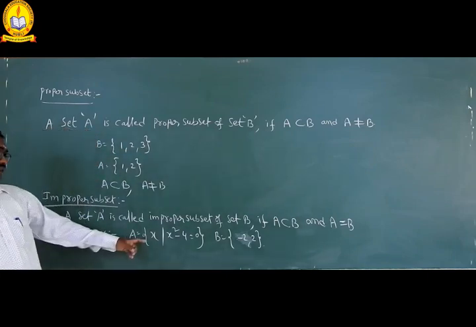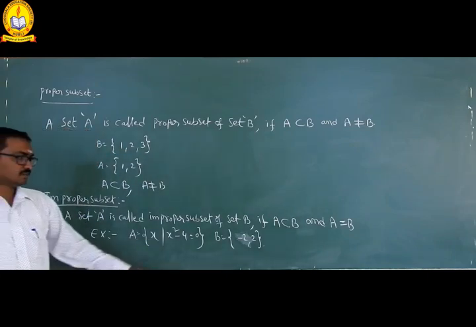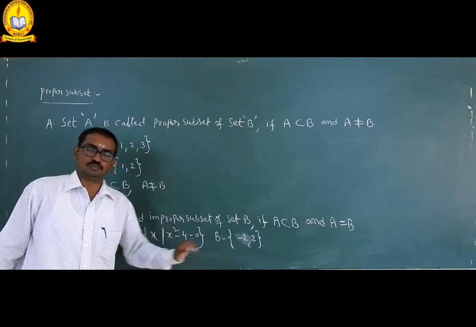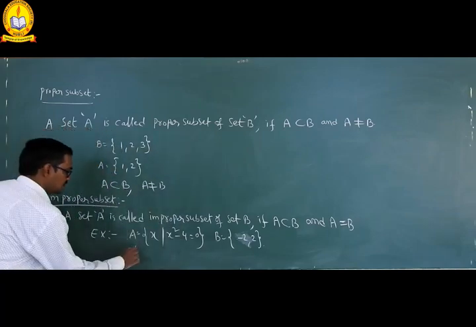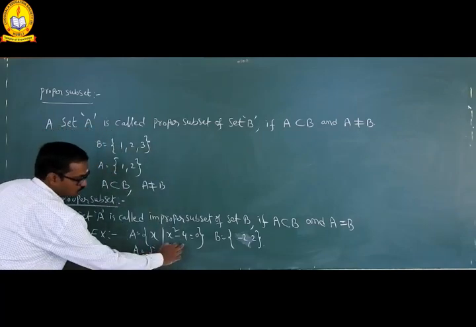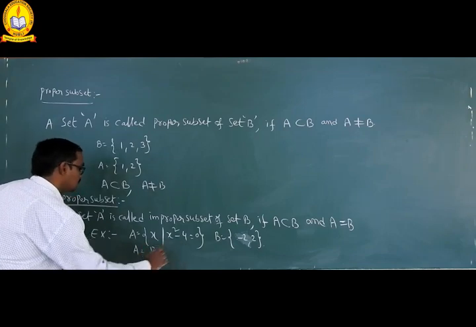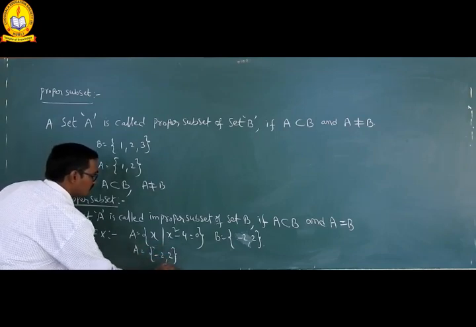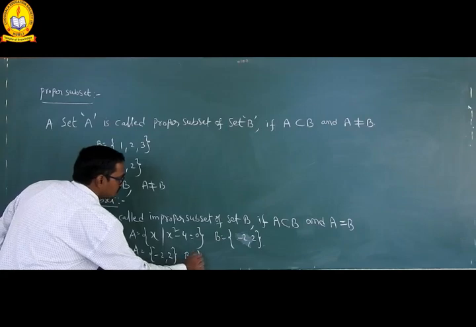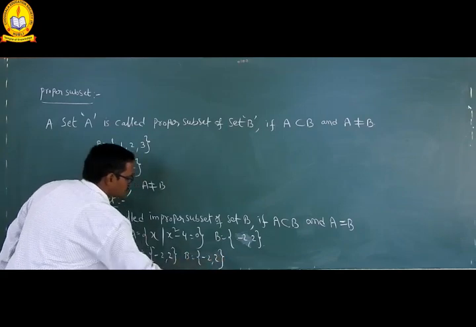The solution set for this set builder form, written in roster form, is minus 2, plus 2. Set B is equal to minus 2, plus 2.